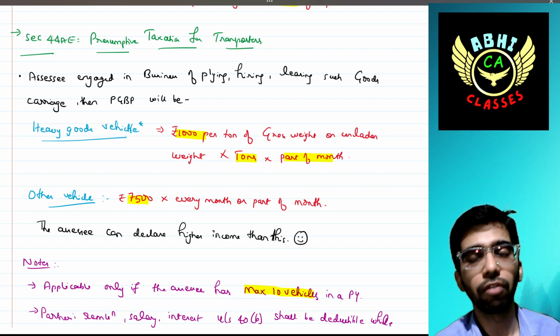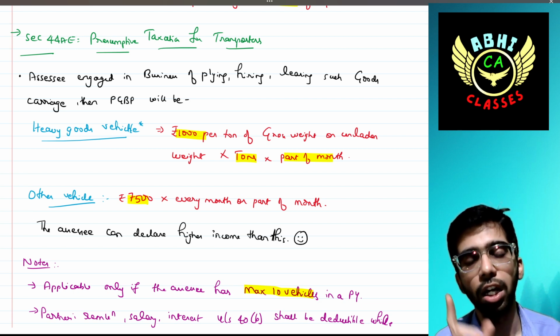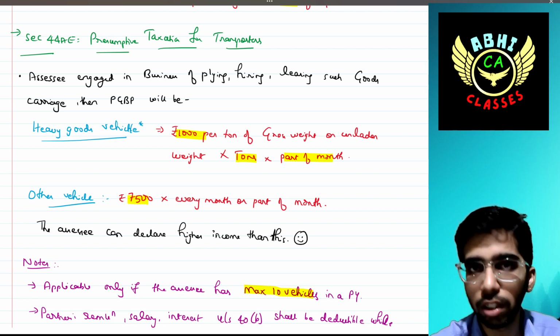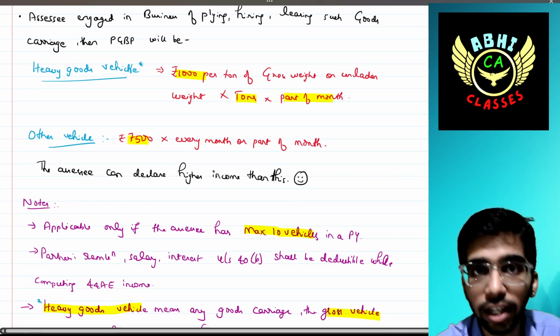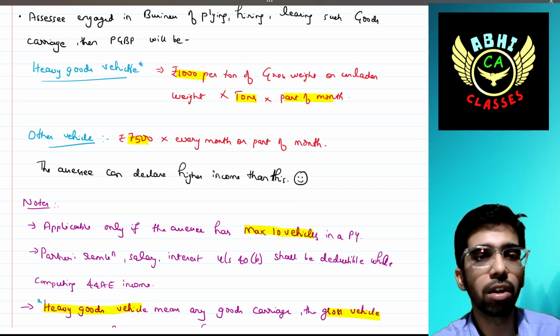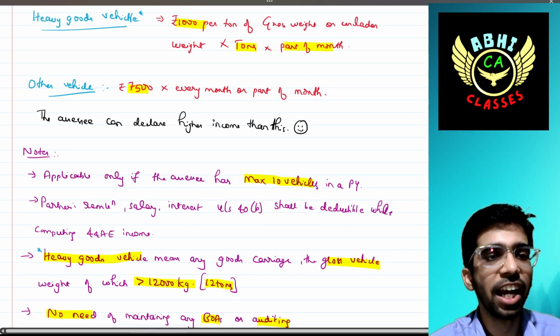For other vehicles, it is 7500 into number of months of owning. Okay, this is the explanation. The SSE can declare higher income than this also. This is a very interesting concept, but nobody will declare more than this in practical life.